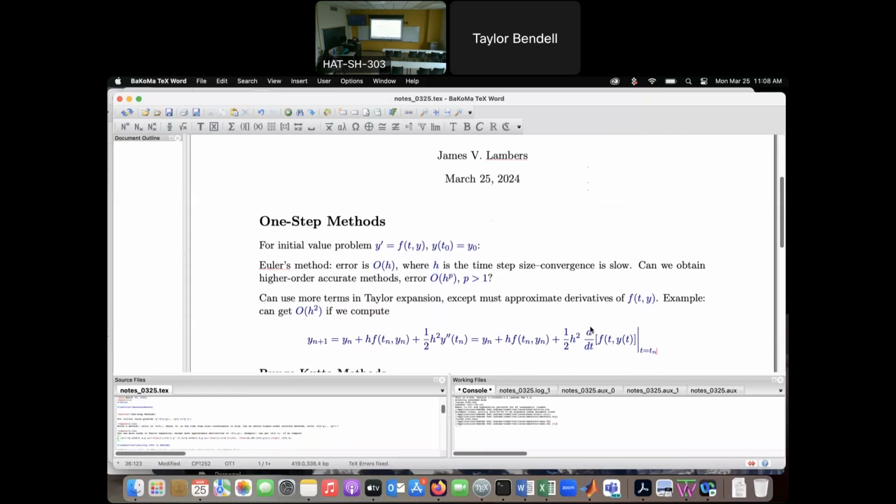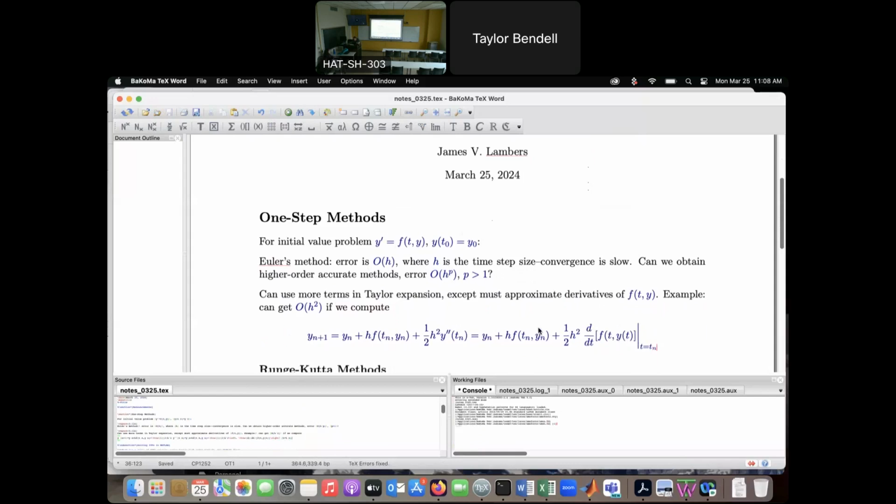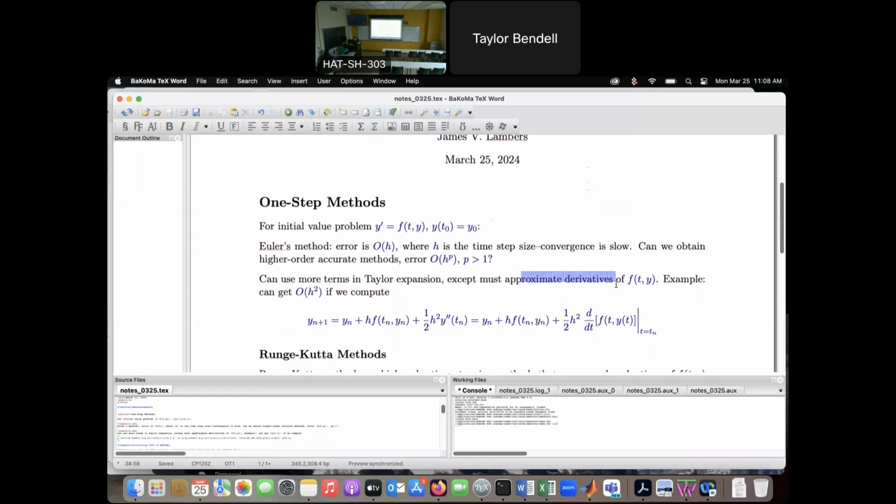But to evaluate this derivative of f, we need a partial derivative of f with respect to t, and also a partial derivative of f with respect to y times dy dt. So we have to approximate derivatives of f.